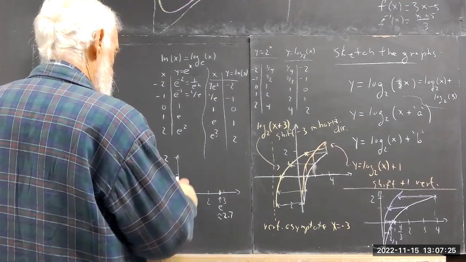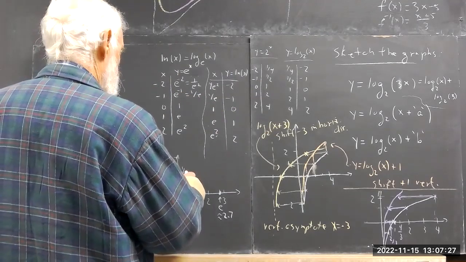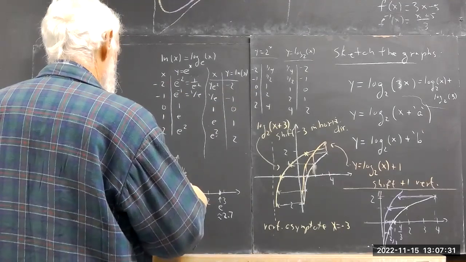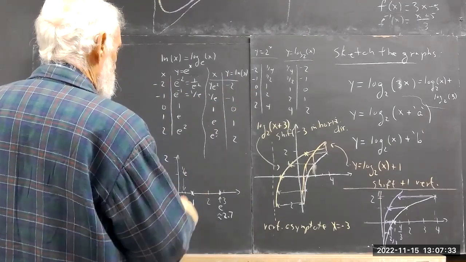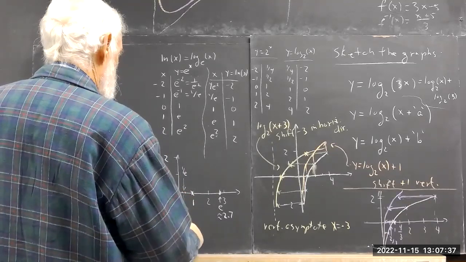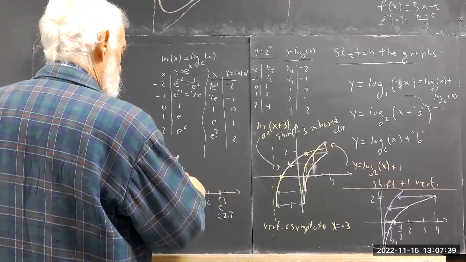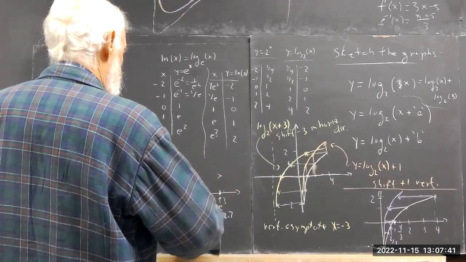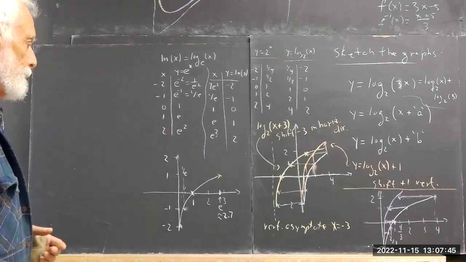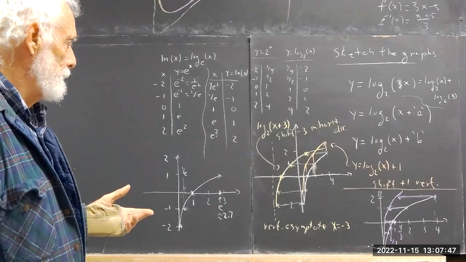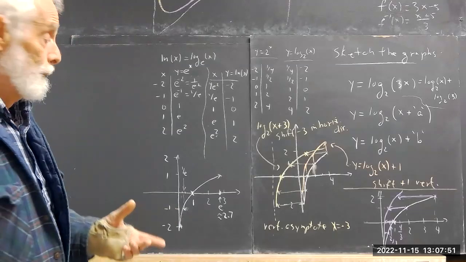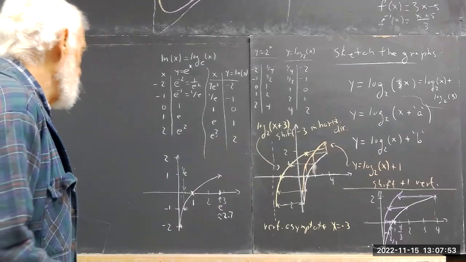So here is 1 over e. Then 1 over e squared is going to be a little more than 1/3 of that. So you're going to have points down here, and a point out here. It looks a whole lot like your regular log function, except it's a little flatter.